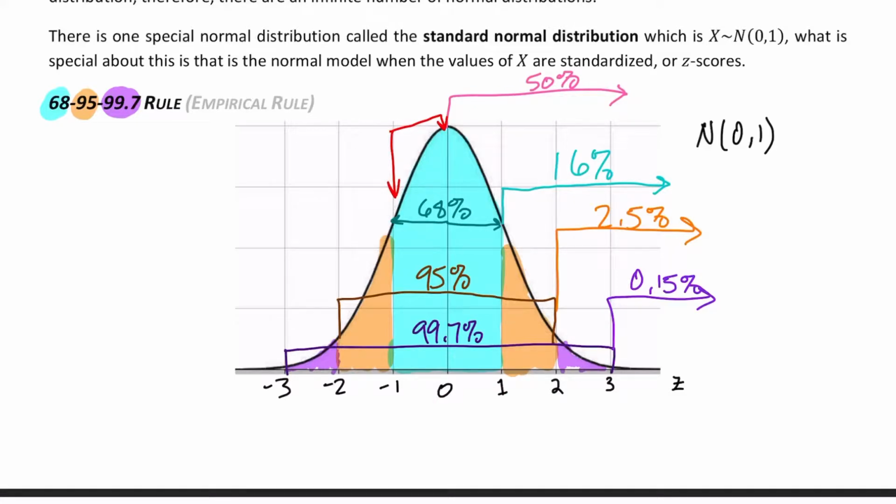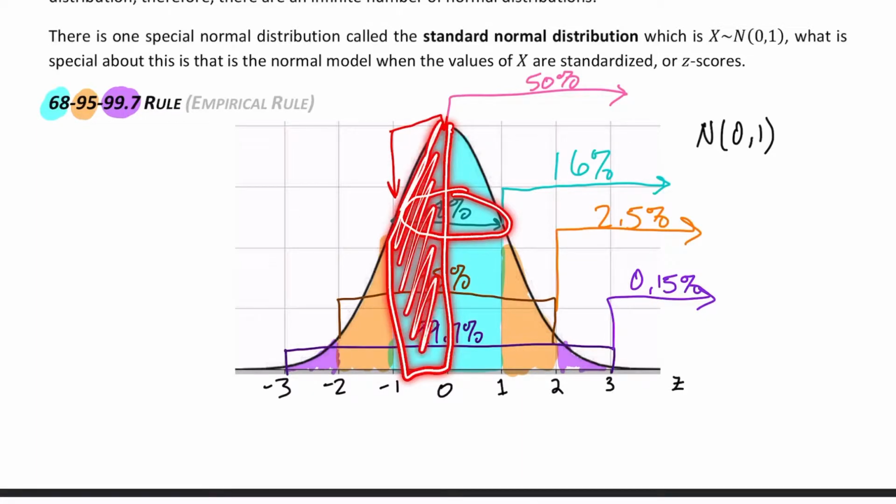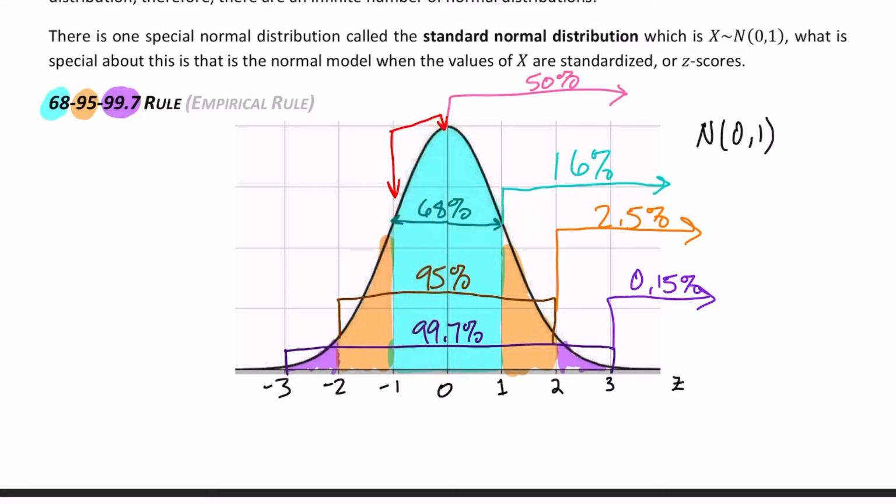The easiest one for this is just to notice that this is 68%. And if I half it and just look at this, that would be half of 68%, or 34. So this is 34%. So from -1 to 0, or from 0 to 1, that's 34%.